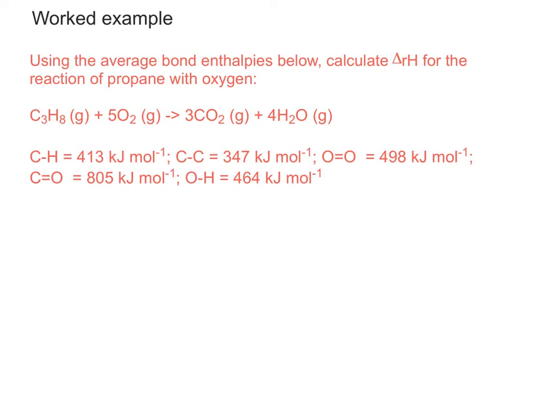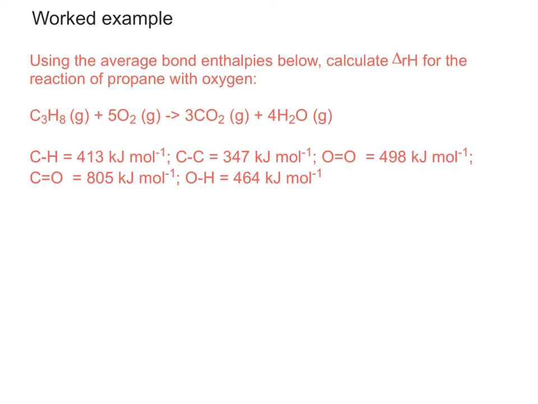Delta RH can be used to describe any reaction. Combustion is a type of reaction, obviously, so I suppose you could call it delta CH. But if the exam prints it as delta RH, just go with what they say. So you'll notice they've given you a selection of bonds that are present in all of the reactants and products. So what do you do with these?